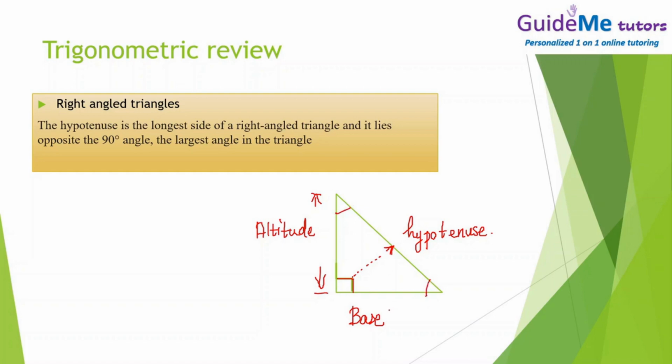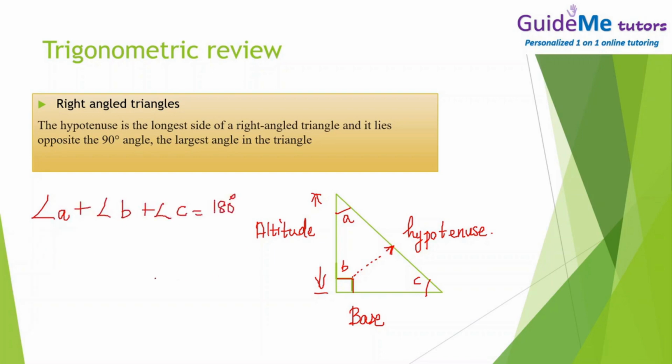How can I say that in a right angle triangle, this 90 degree is the largest angle? See, we know that the angle sum of a triangle is 180 degrees, right? Suppose I name the angles A, B and C. Then angle A plus angle B plus angle C equals 180 degrees.